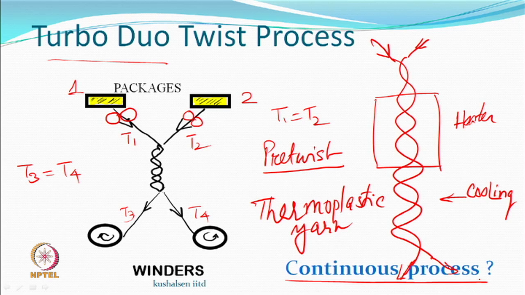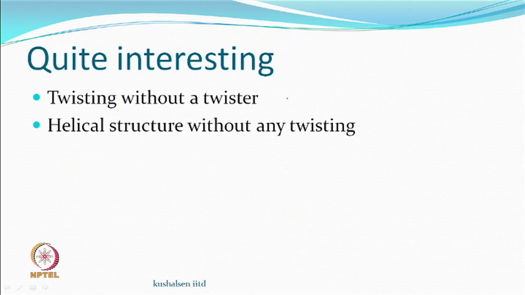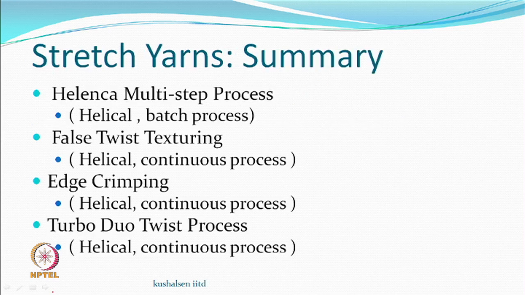One of them was a batch process, and we have seen this twisting without a twister, and also we have seen helical structure without even twisting. So, let us summarize. Stretch yarns, Helenca multi-step process.